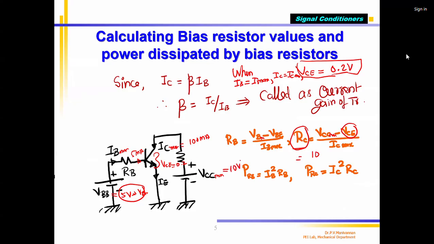That is VCC max minus 0.2 volts VCE. This is called VCE saturation. When IB is equal to IB max, which is 5 milliamps, IC will be IC max. At that time, the collector to emitter voltage, VCE sat, is going to be 0.2 volts.